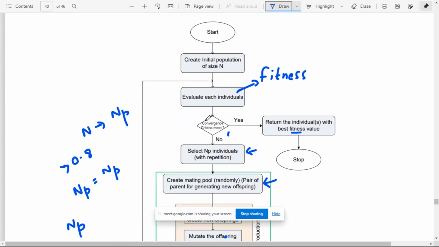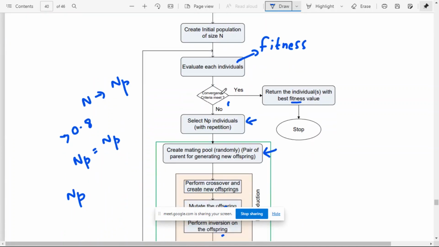The main difference here is, if convergence is not met, then we identify NP individuals with the highest fitness score. Then we identify an equal number of mating partners for them, and from this we create offspring.